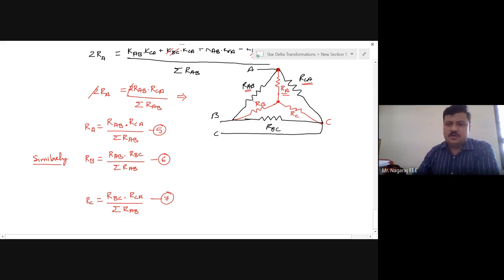So if I want the equivalent star connection from the delta connection, it is very simple. Any terminal resistance I want, that terminal resistance is nothing but equal to the product of the two delta connected resistances to that terminal divided by the sum of all the delta connected resistances.